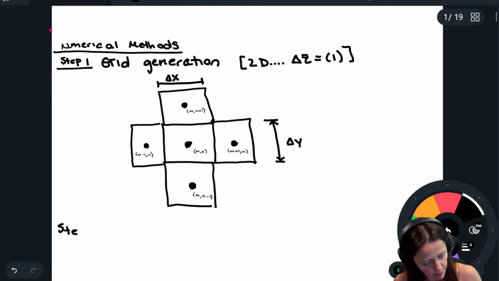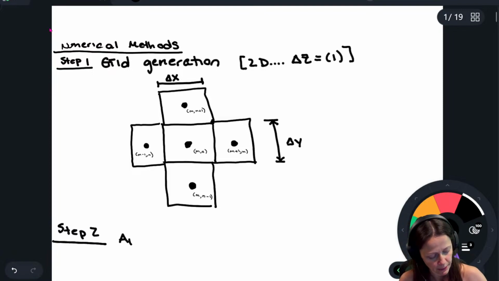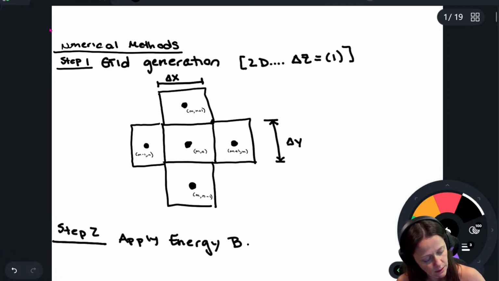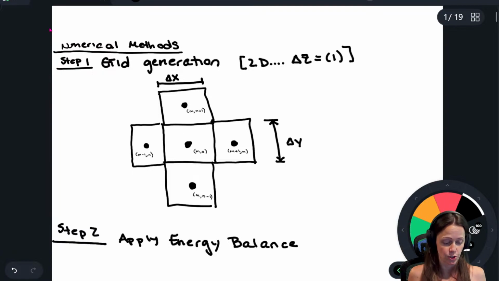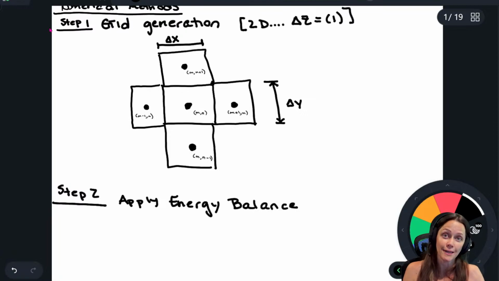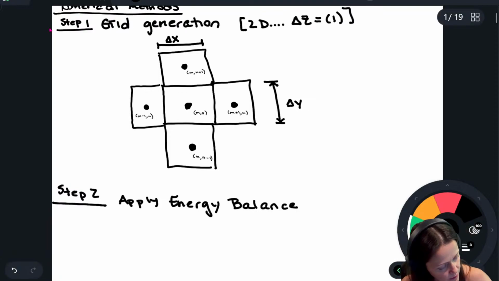All right, step number 2 is apply your energy balance. And just a very generic energy balance. So E dot in minus E dot out plus E dot G equals E dot stored. So let's do that. I'll make this a little bit bigger. There we go.